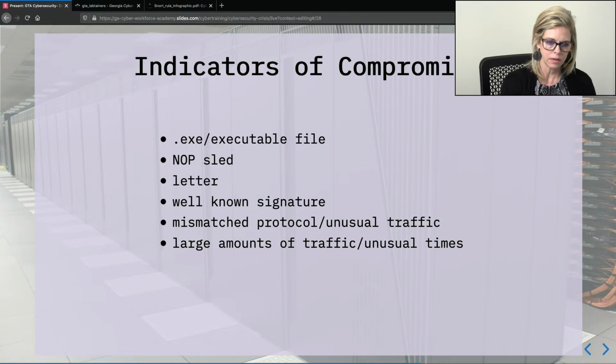The next thing you see on the list here, SLED, and the letter we'll actually talk about on the next slide. You actually see the well-known signatures. So I like to think about this in terms of if a bad guy goes into a store to rob a store and the store has video cameras, they're going to take a picture, they're going to do video surveillance, and say he wasn't smart enough to wear a mask.